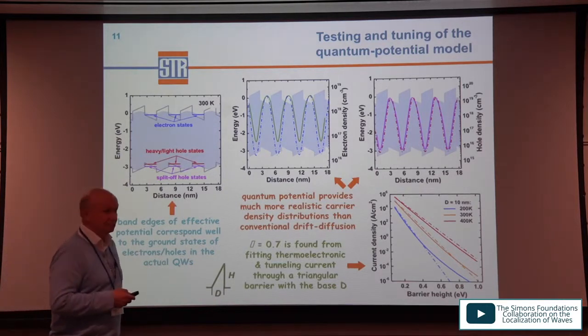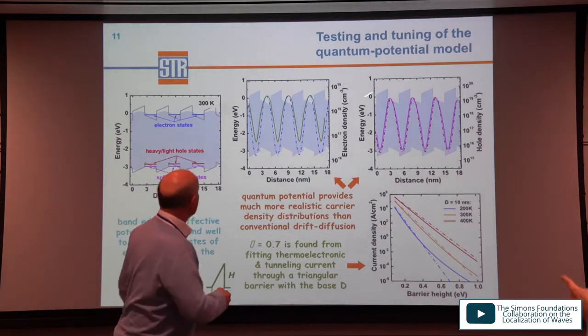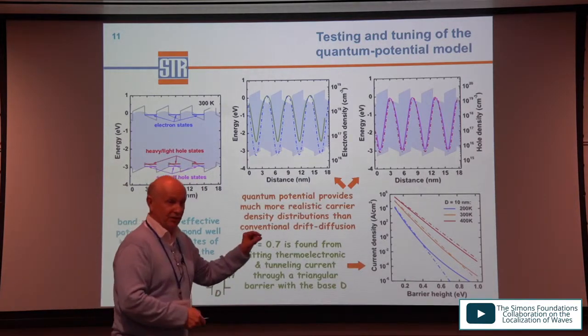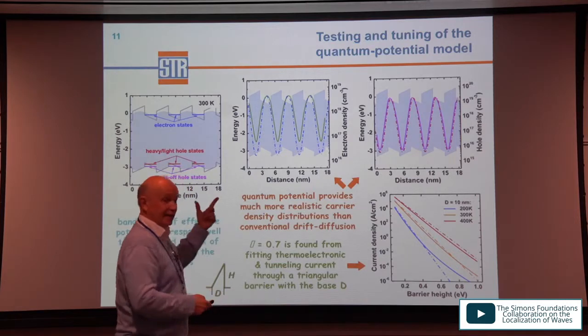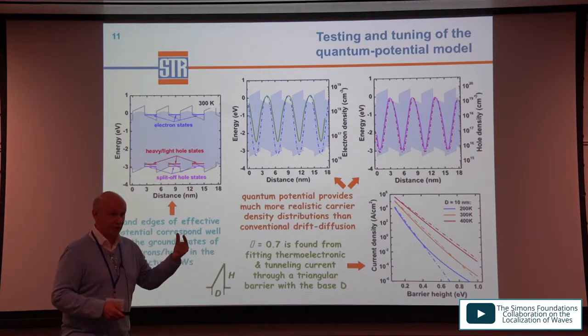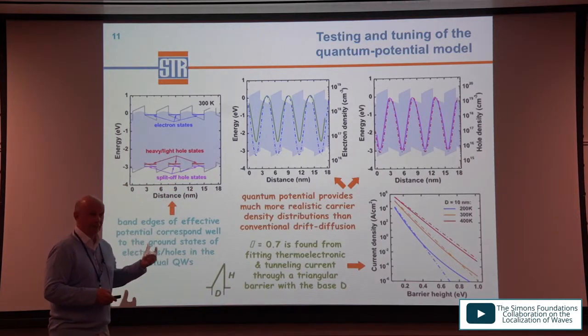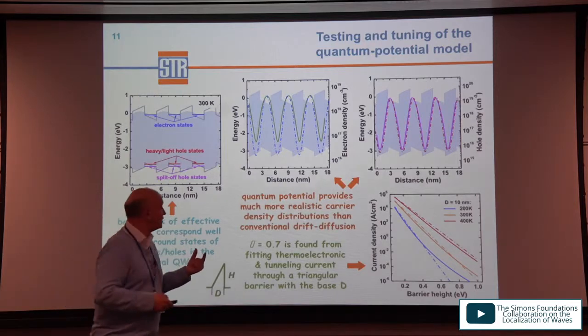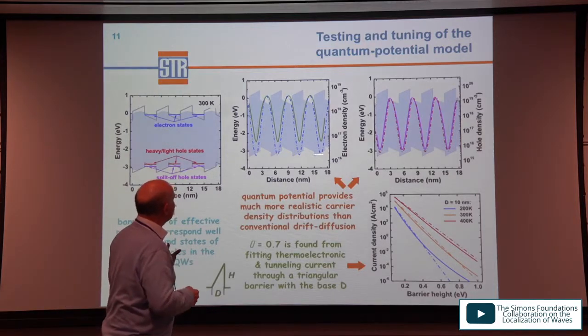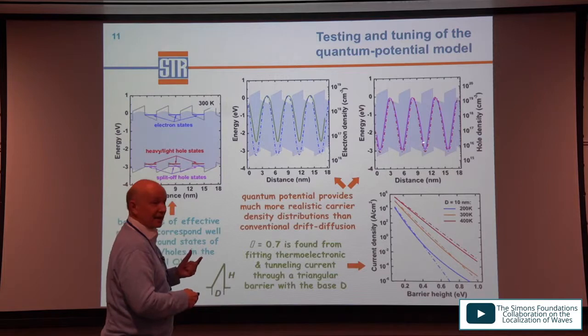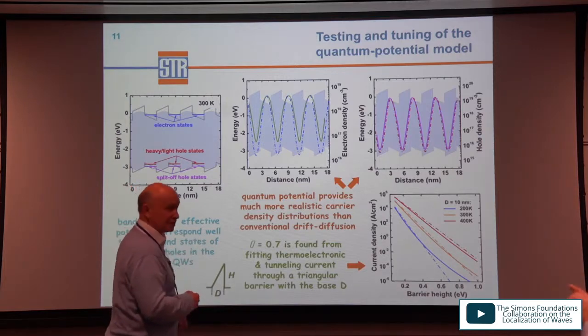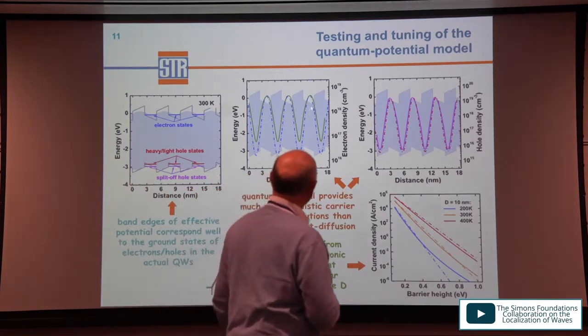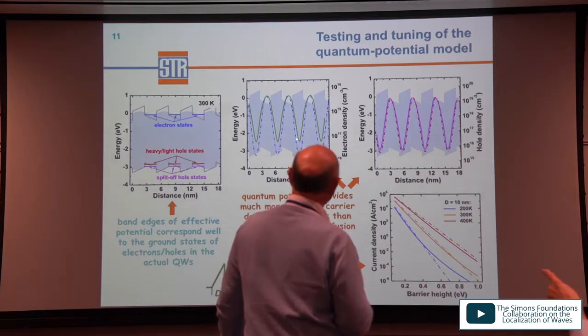What is the quantum potential? Quantum potential is the dash-dot line. Solid line is the exact solution of the Schrödinger equation. And the shaded blue is the true potential? Blue is electrons, red are holes. What is your modification? You're showing the conduction band and valence band profiles.